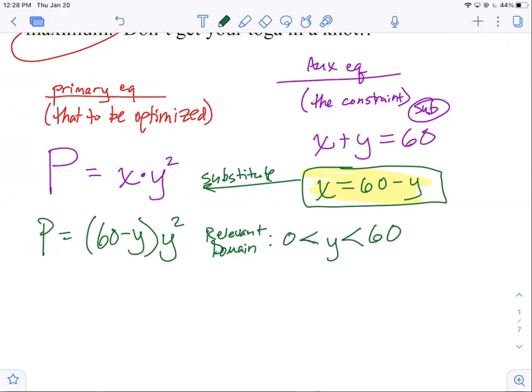So typically, you can find the interval by letting the other one go to extremes, right? So if one of them is 0, the other one has to be 60. And if one of them is 60, the other one has to be 0. So here's what I know. I know that the winning value has to be some real number between 0 and 60. Now notice that's not a closed interval, but it does give me some boundaries. So I know the number has to be in between there.